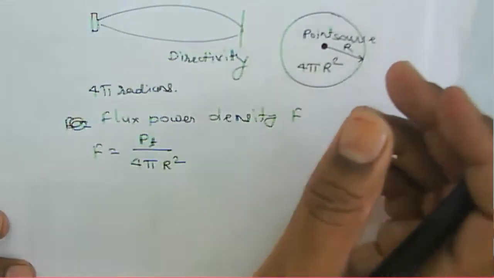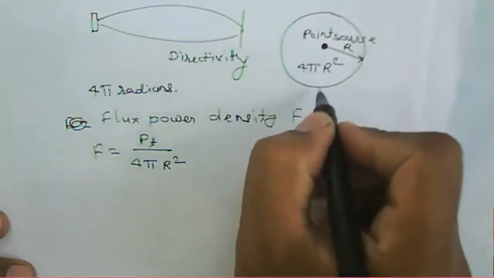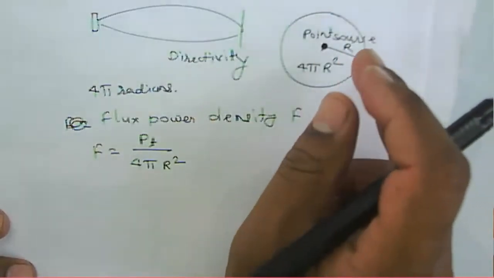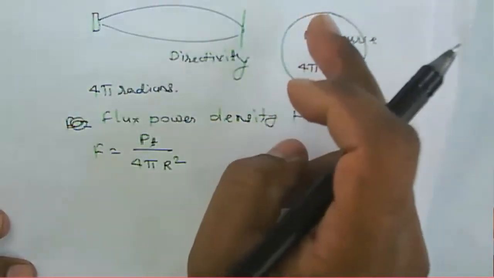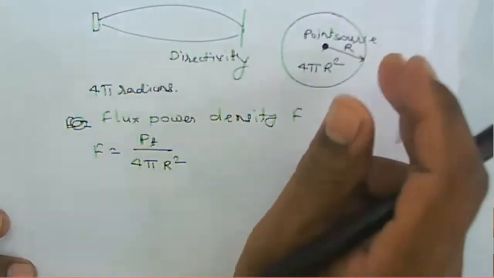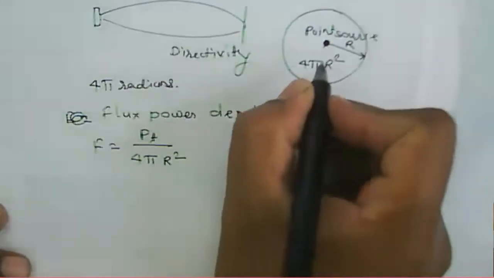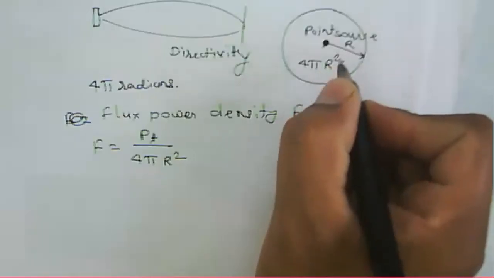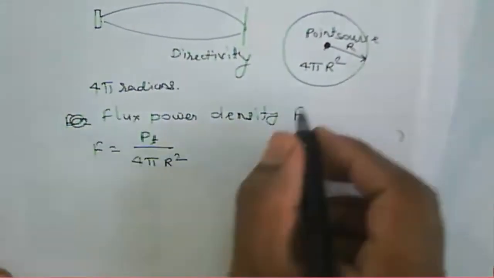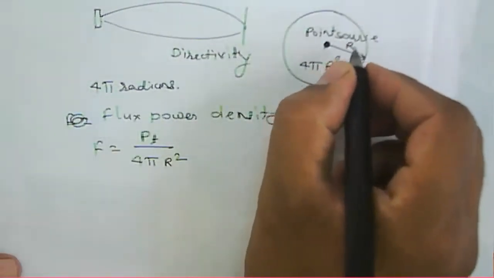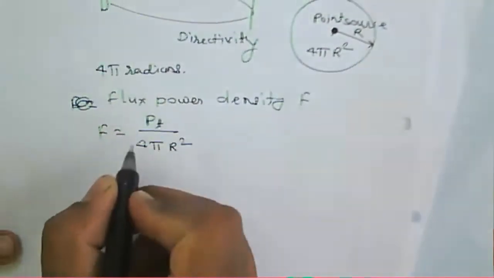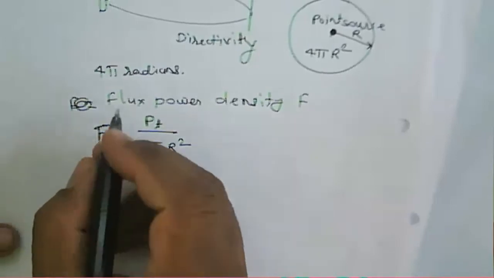Suppose this point source is present on the equator, and then how much is the transmitting power there? At some particular point, we can calculate how much power is transmitted. For the point source, the transmitting power is PT, and at some particular distance we can calculate that power flux density.